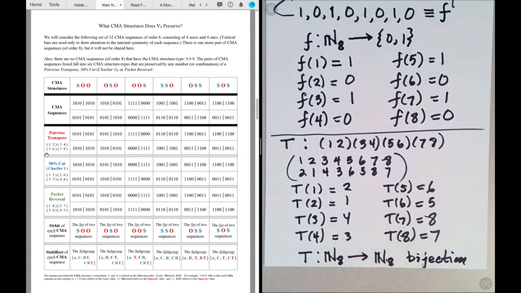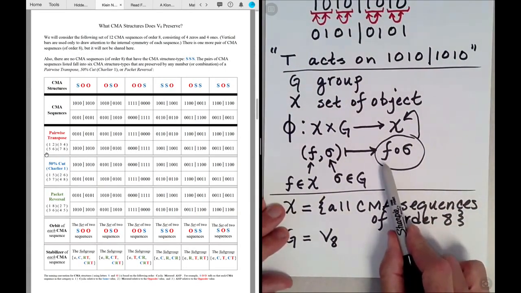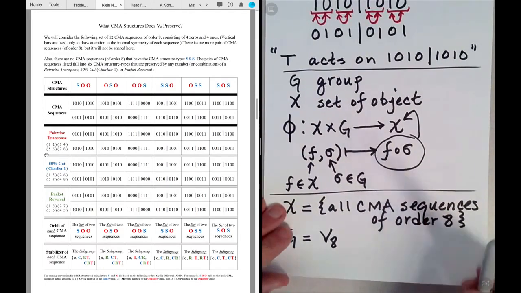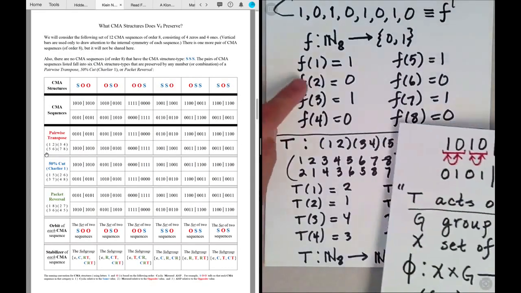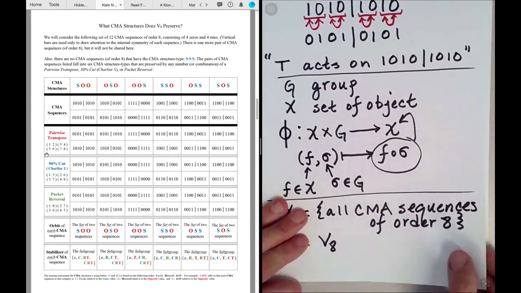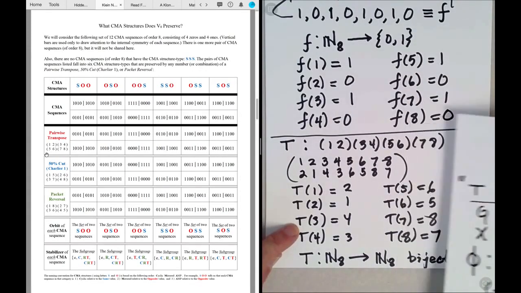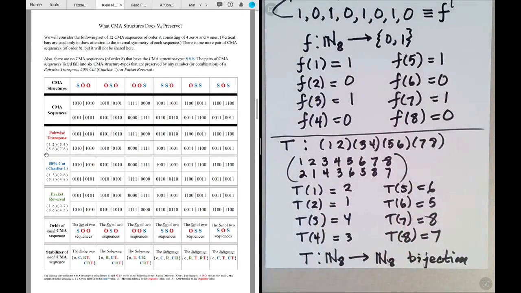Okay. Well, now we're getting closer to being able to make sense of what we talked about with this function composition. Because now we're going to take our CMA sequence right here and compose it with the pairwise transpose permutation. Okay. Well, when we do that, what do we get out?